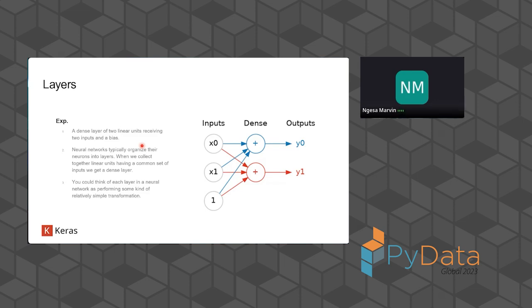Or if you are a coder, you could say a layer is an object that encapsulates a state. That state has the weights and biases, for example, and it also has the ability to do computation, the forward propagation.